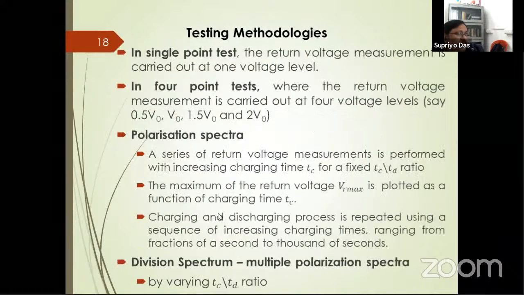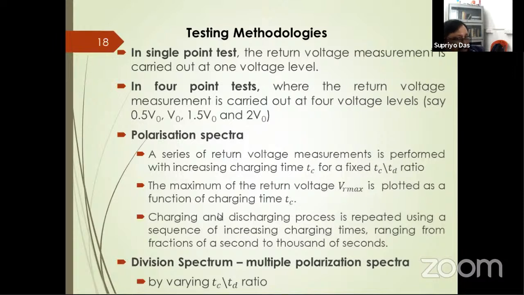Now, there are different methodologies to use this return voltage measurement. One is the single point test. Single point test means we do only a single test and find the recovery voltage slope, peak time or peak voltage, but it does not contain much information.